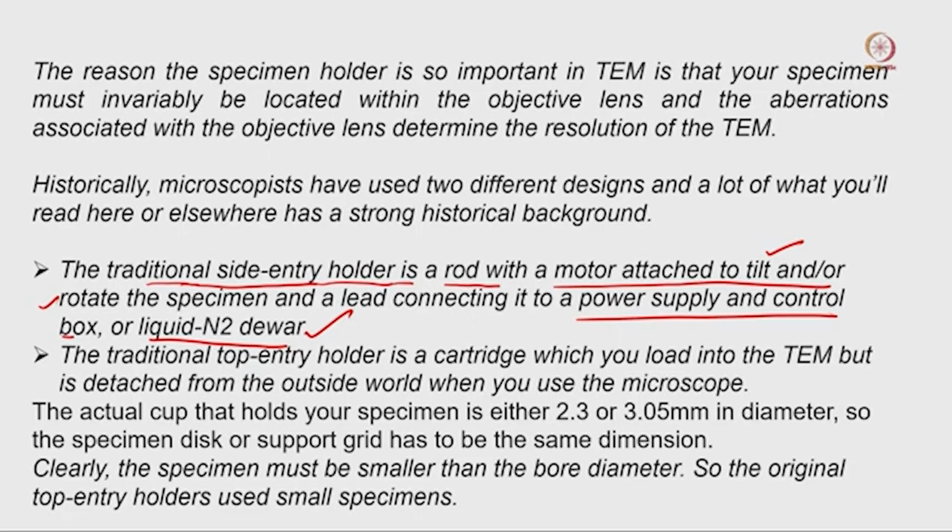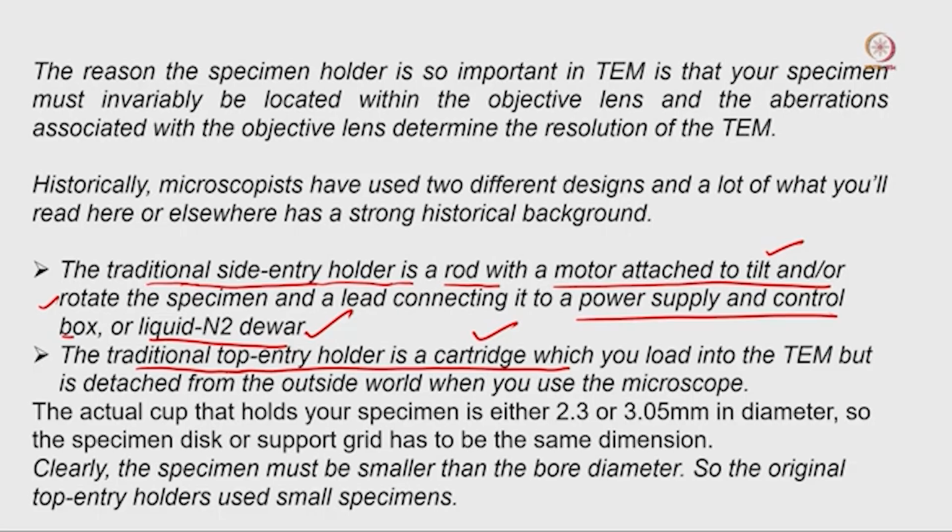Now there is the traditional top entry holder. Most of the time we are not using the top entry holder very frequently nowadays, but previously we used a top entry holder with a cartridge. We will use that cartridge when we prepare the cryo sample.